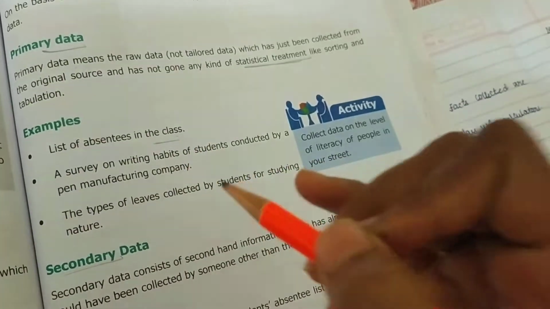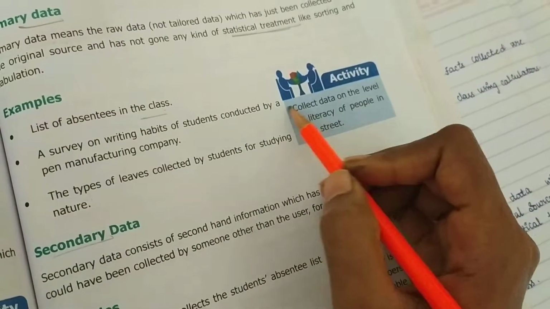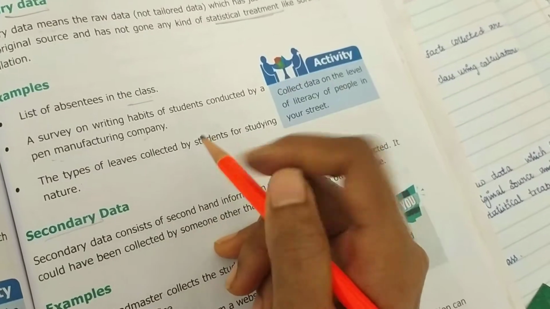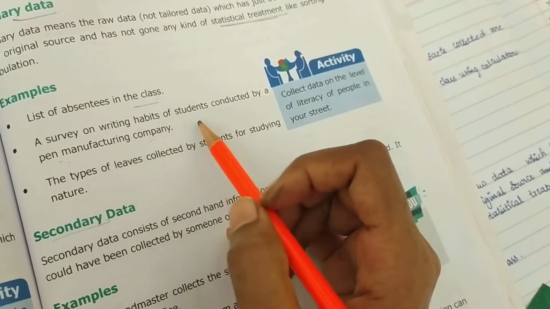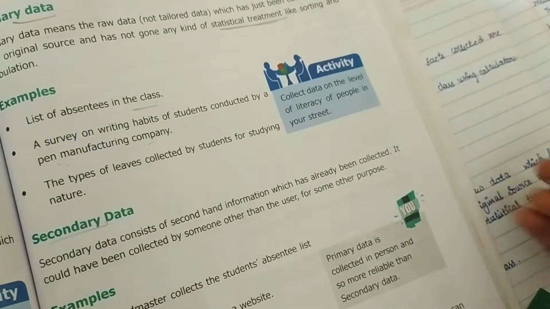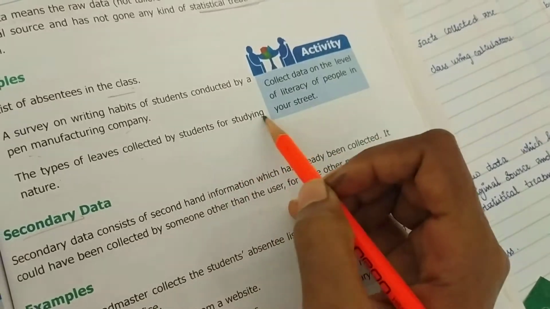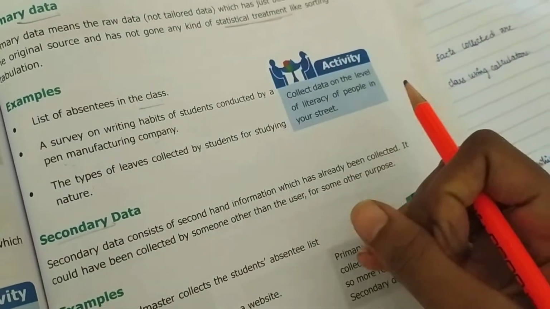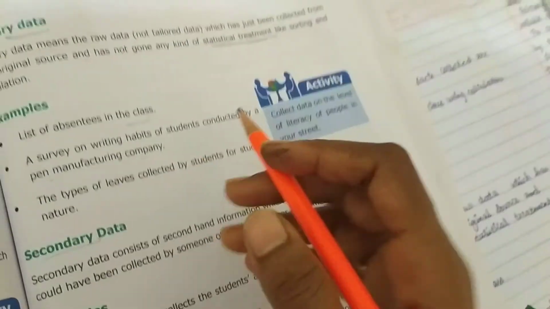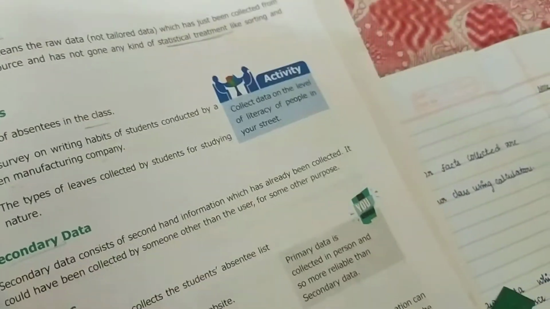I am maintaining my own record. Another example is a survey on the writing habits of students by a pen manufacturing company, where each student gets a different variety of pen. Or the types of leaves collected by students, so only particular leaves, collected by your own group.